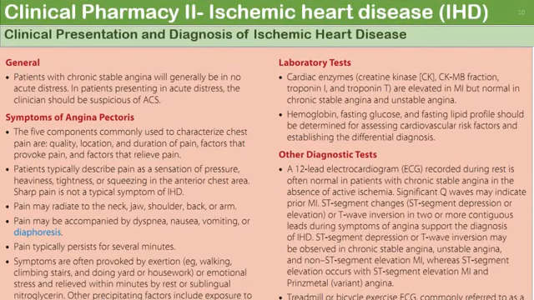Now, clinical presentation and diagnosis of ischemic heart disease. The major cause of morbidity, or of referring the patient to the emergency department of the hospital, is substernal chest pain, or chest pain in general.